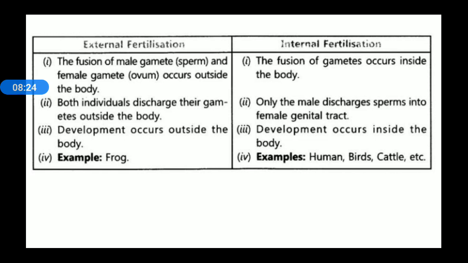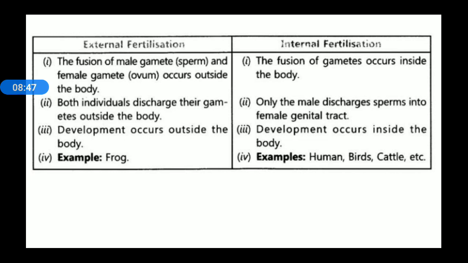Simply we have to write the difference. In external fertilization, the fusion of male and female gamete takes place outside the body. And when we write about internal fertilization, we simply write that the fusion of gametes occurs inside the body. In external, outside the body; internal, inside the body.